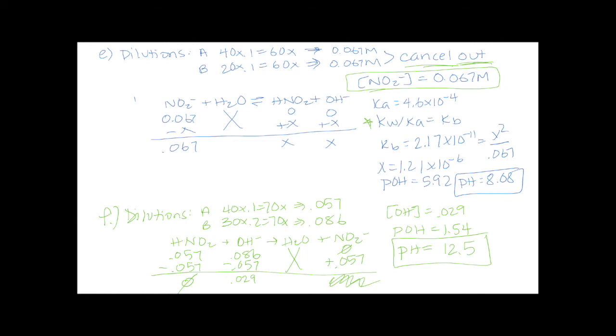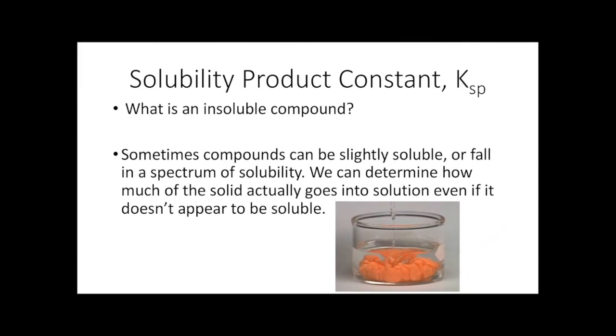Okay, that's a titration. The last thing we're going to do is Ksp. Ksp throws everybody off for some reason, but they're actually really easy. All it's calculating is when you have a solid that doesn't appear to go into solution, so it stays a solid, it's insoluble.